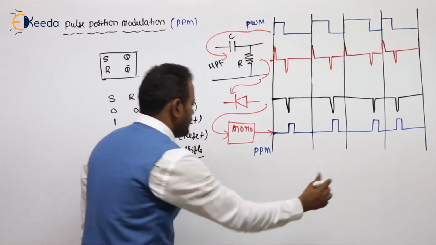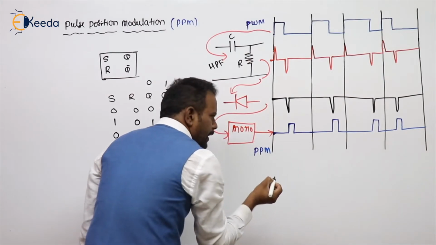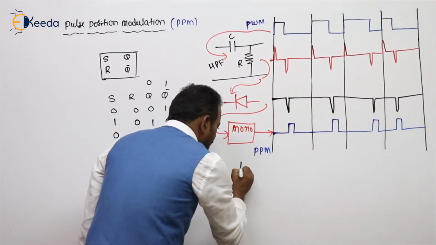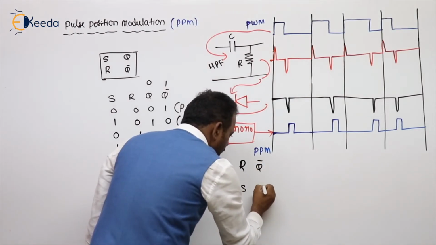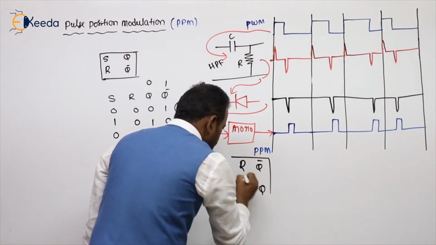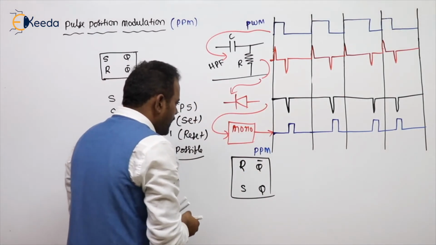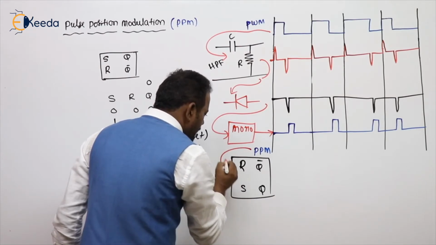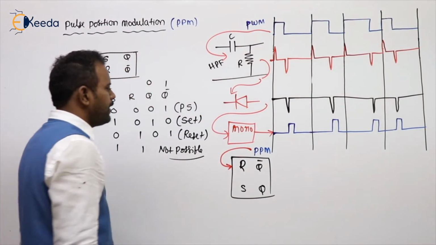Yeah, follow. So I have the SR flip-flop, or let me write the RS flip-flop, anything. R, S, opposite to R is Q bar, and here is the Q. The PPM signal I am giving at the R terminal.